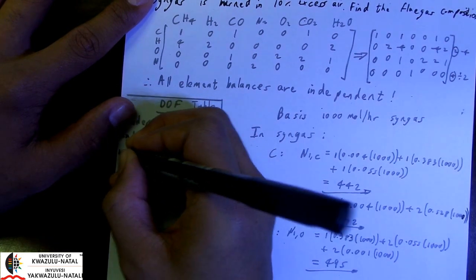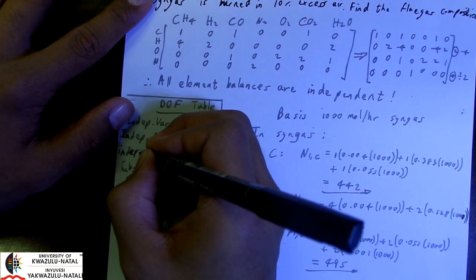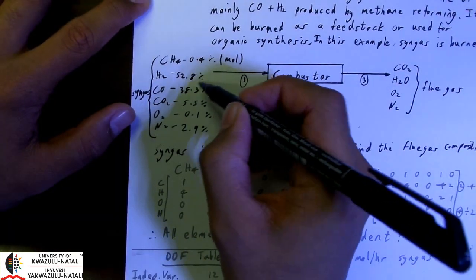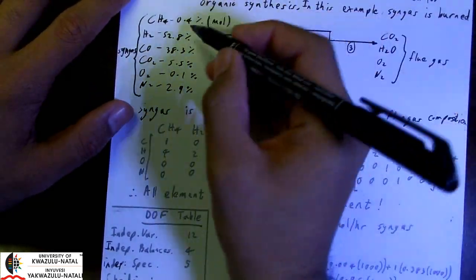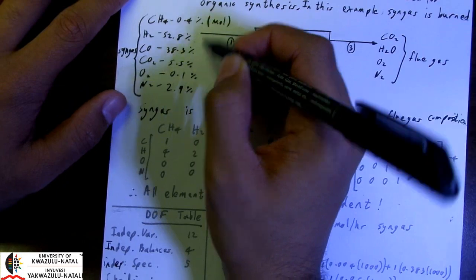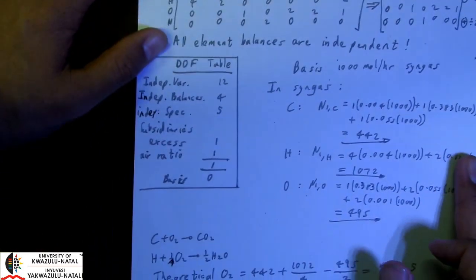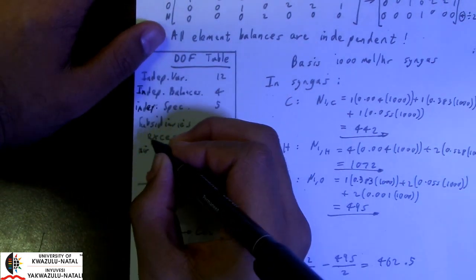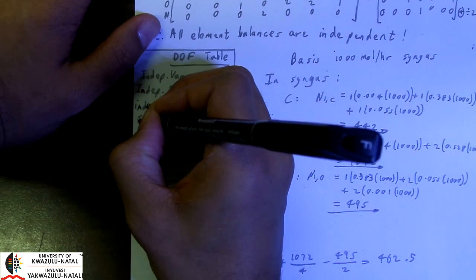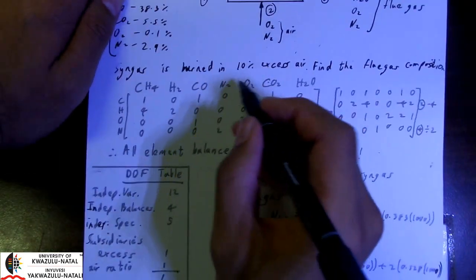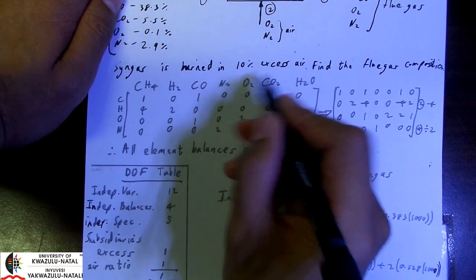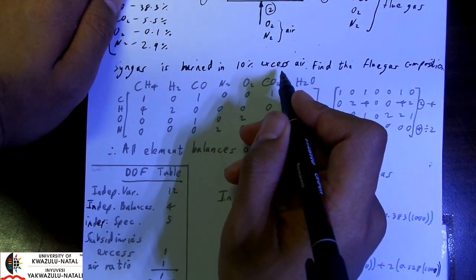And now let's look at my number of independent specifications. We have 1, 2, 3, 4, 5, and nothing else. So that's it. So it's just 5 independent specified compositions. And we have been given two subsidiary relations. One is that we are given our percentage of excess air, which is a valuable piece of information.